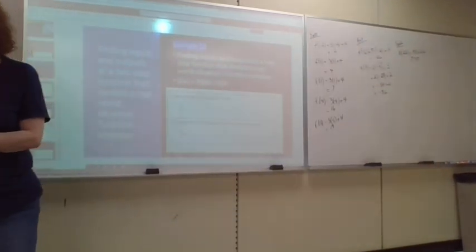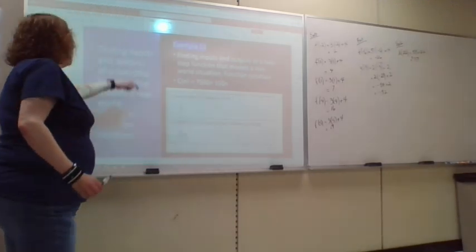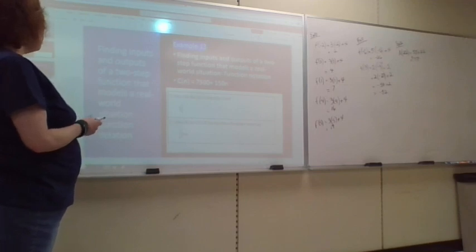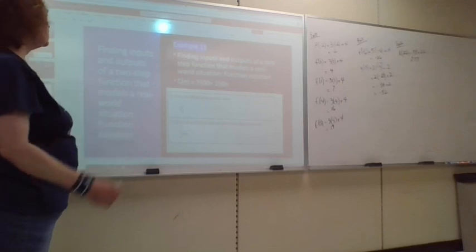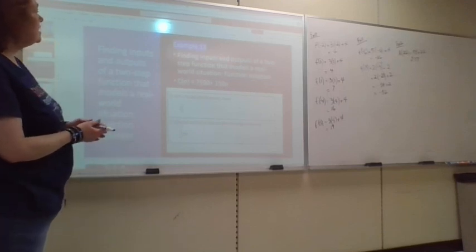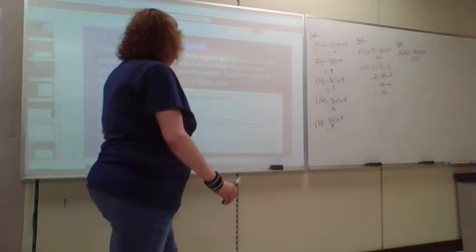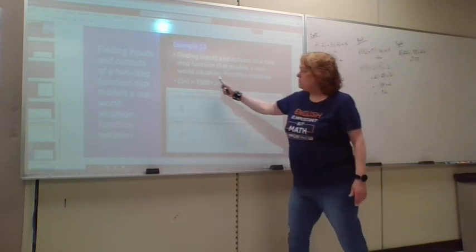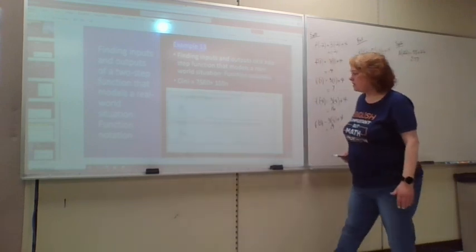Okay, so we're going to 13 here. We're going to be finding the inputs and outputs of a two-step function that models a real-world situation. And this is function notation. They give us this function, then we have to read down here on the A part.